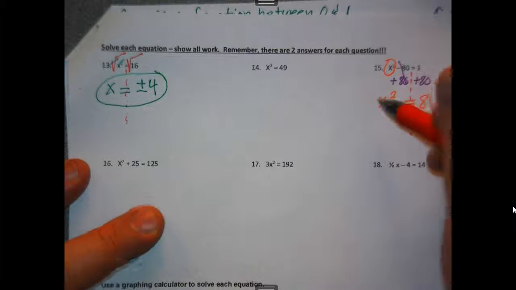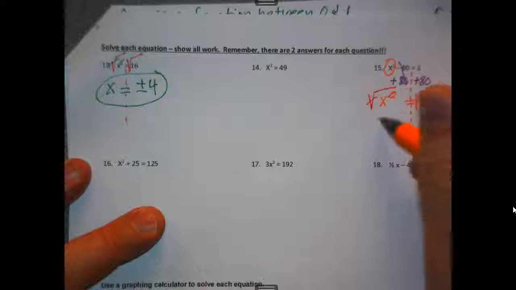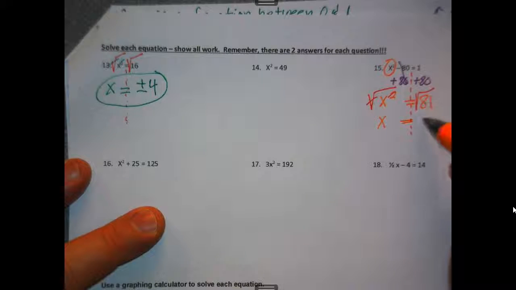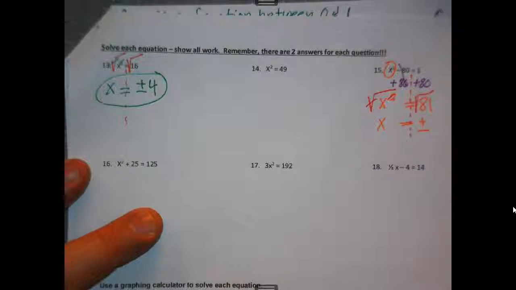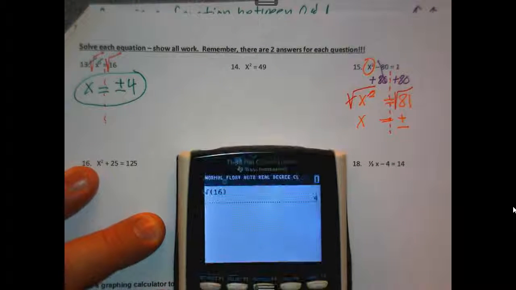Get rid of the power of 2. I'm going to take the square roots of both sides. So I get x equals, don't forget plus or minus, square root of 81. Hit second, x squared button, 81, and I get 9.